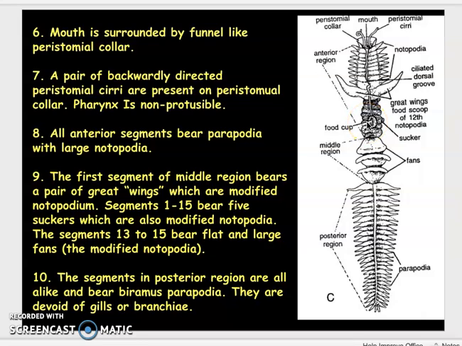a pair of suckers. Then the parapodia of the surrounding segments are modified into the shape of a fan, which is used to create suction and pump water through the worm's parchment living tube.